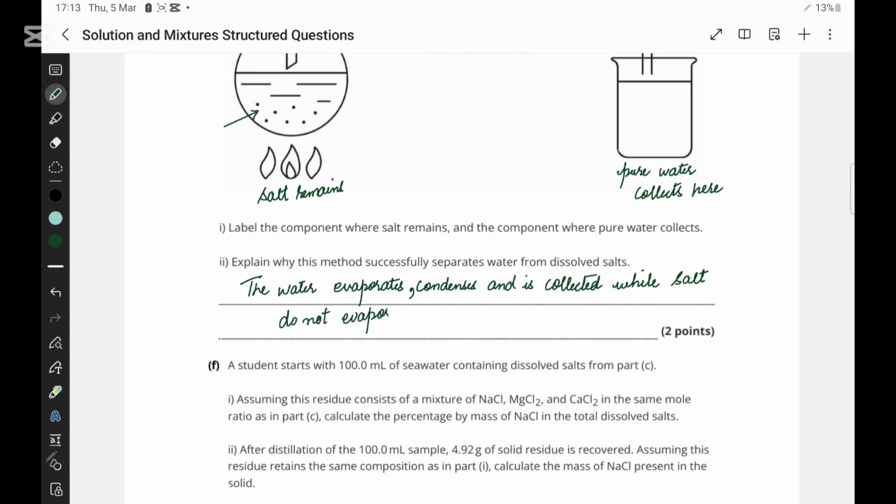Why doesn't it evaporate? Because salts have a high boiling point, due to their high boiling point.